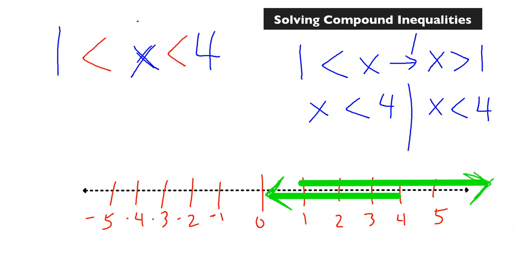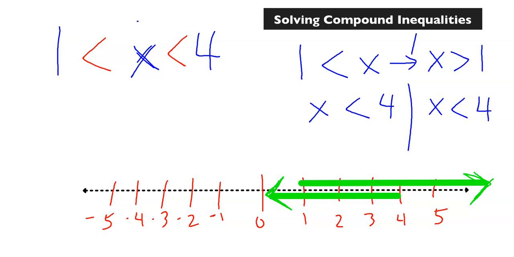I'm going to use my pen function here, in red ink. The overlap happens to be there. So any value between 1 and 4 is going to be the overlap.